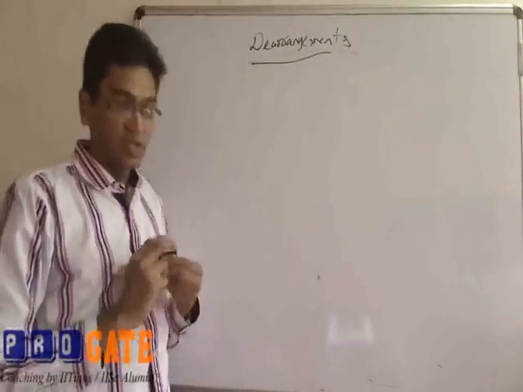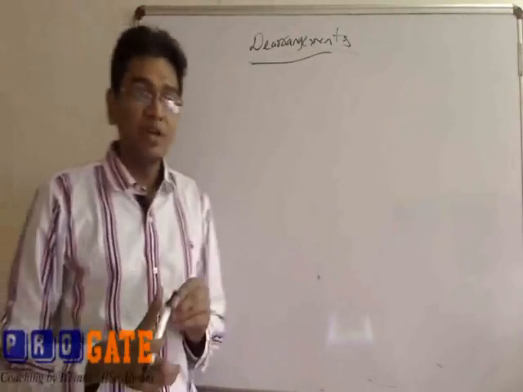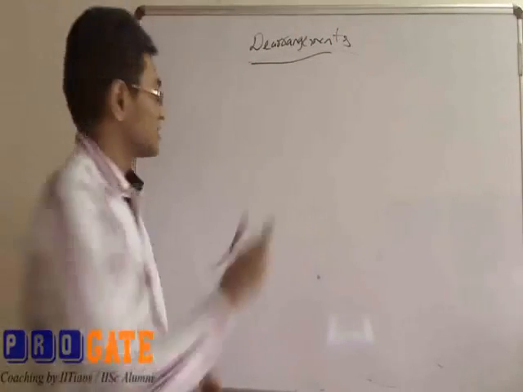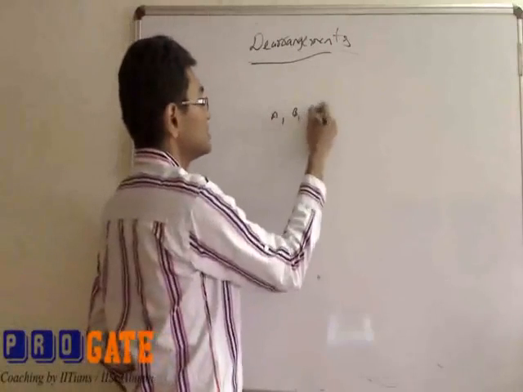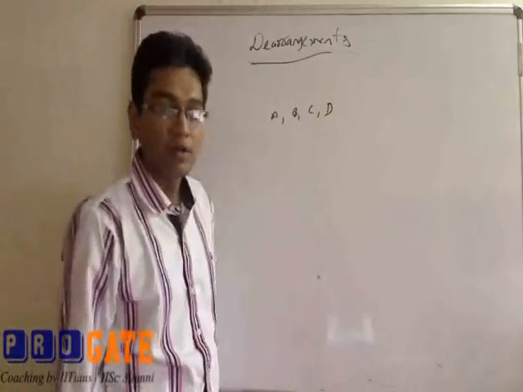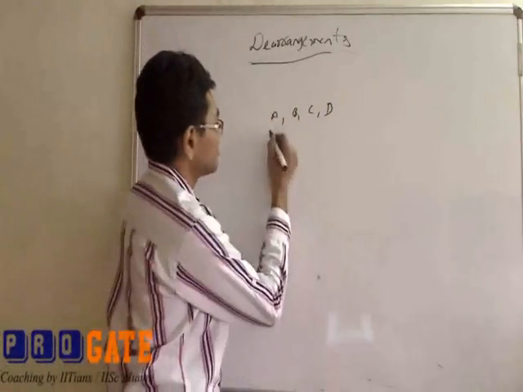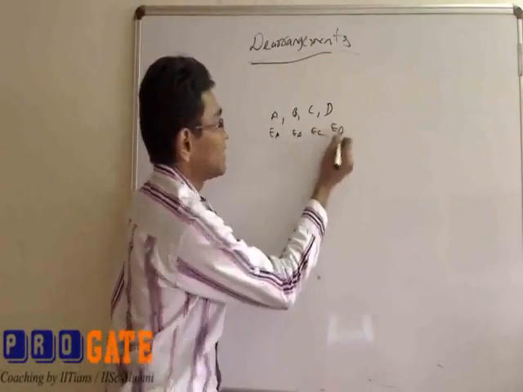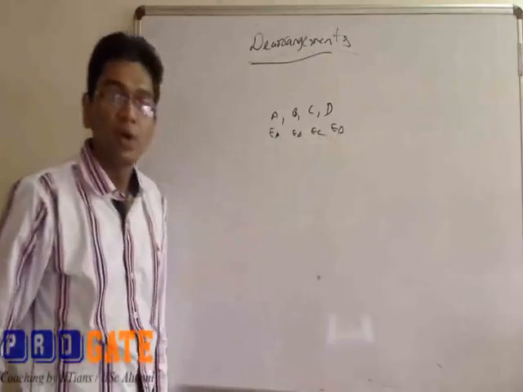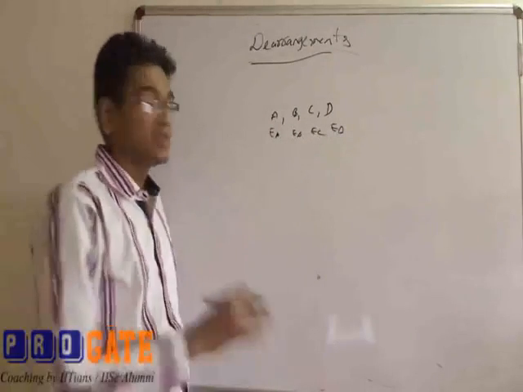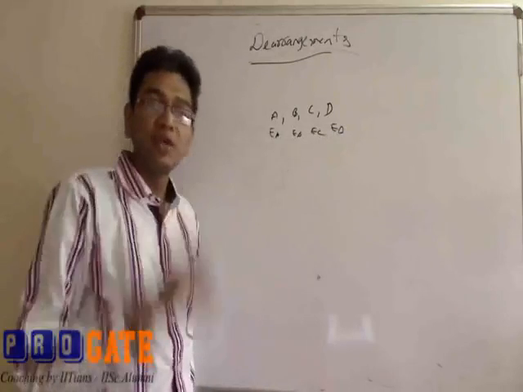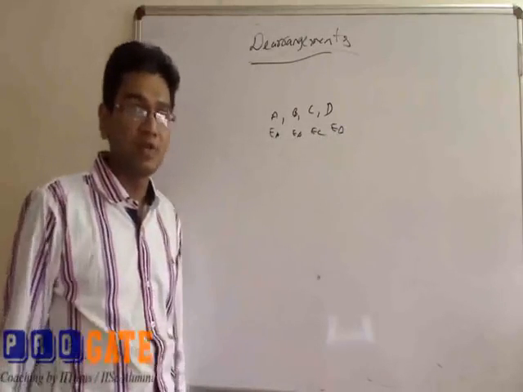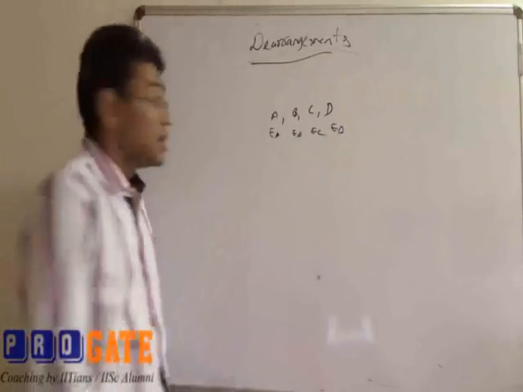So the question is this. Imagine you have 4 letters for persons A, B, C and D, and you have 4 envelopes, one envelope for each person. Now you put the letters into the envelopes.